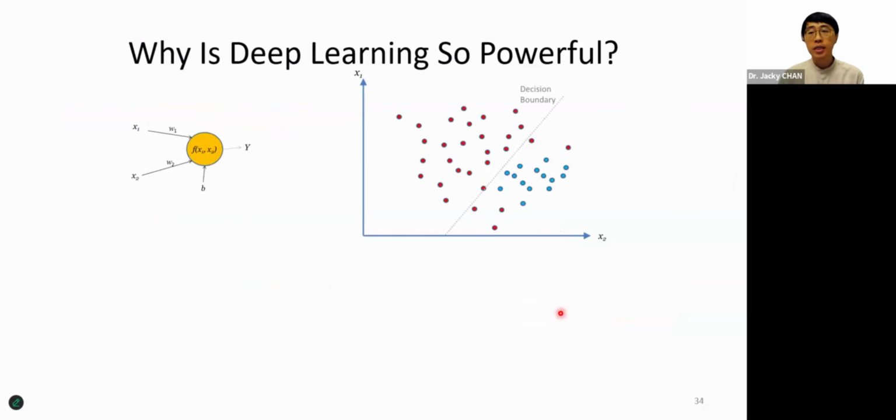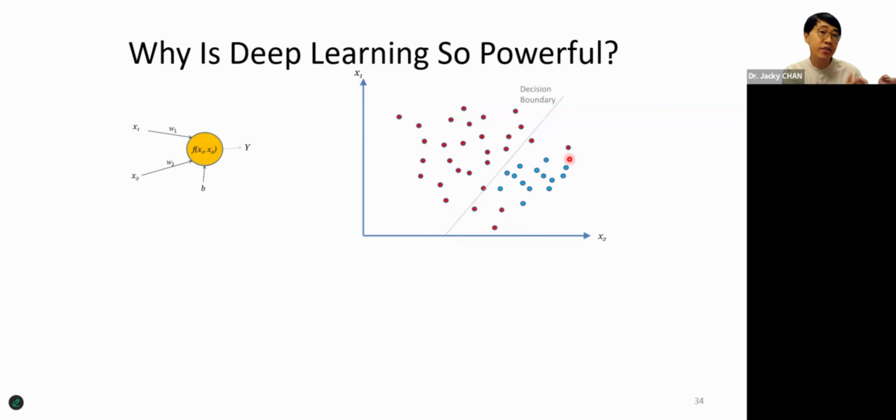So why is deep learning so powerful? We can take a look at this example, again the 2D feature space. If you look at this example, you will find that it is impossible to find a straight line that perfectly separates the two classes. No matter how you draw the line, some of the points will be misclassified. Like in this case, you will see those red dots.